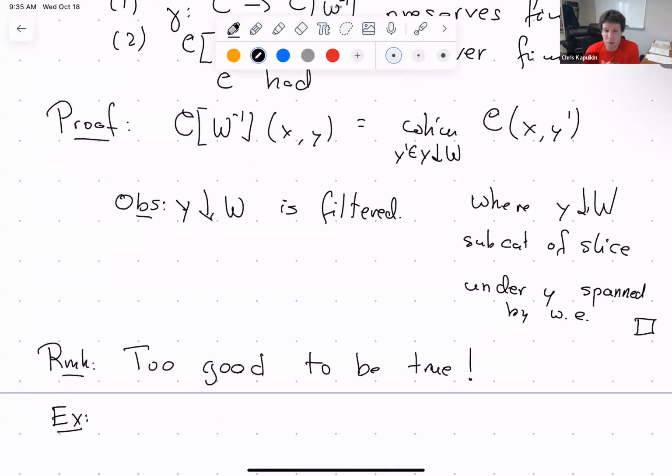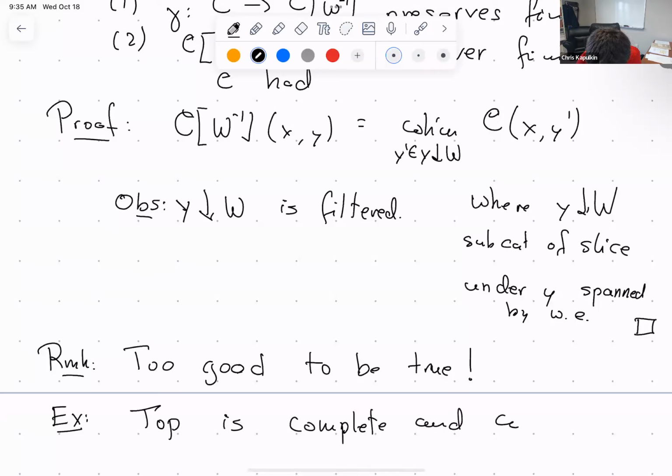Okay, so why is it too good to be true? Well, my favorite category, it's not my favorite category, is the category of topological spaces, and this category is complete and cocomplete.